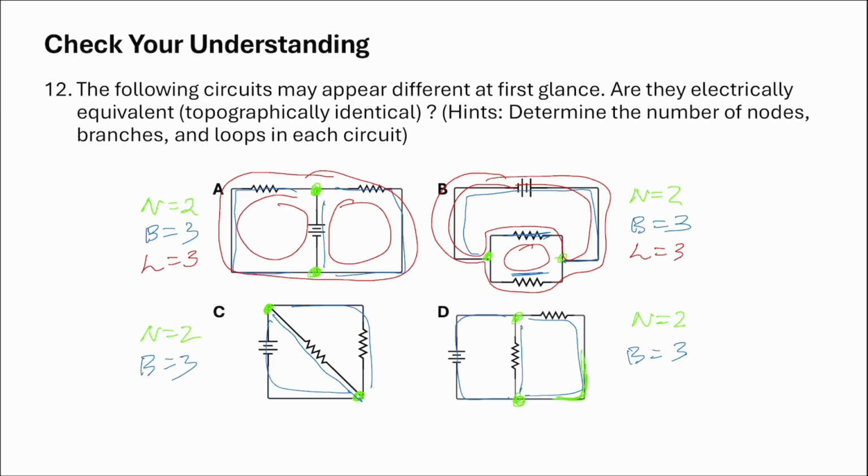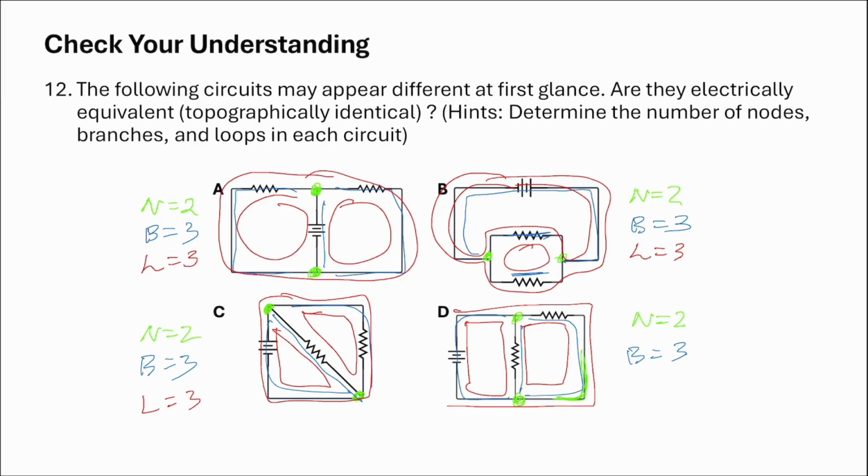For C, we have 1, 2, 3. And here, of course, 1, 2, 3. So they all have 2 nodes, 3 branches, and 3 loops. They may still look different, but you can see they are the same.